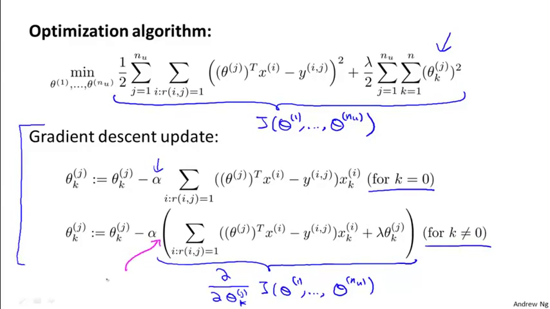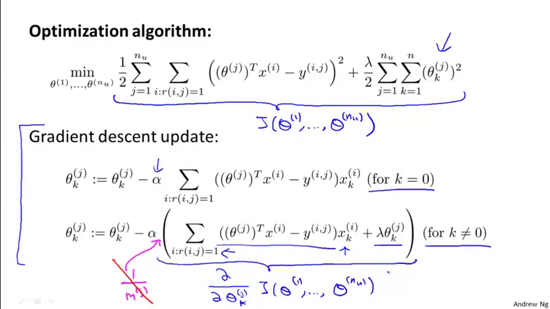The only minor difference is that for linear regression, we had these 1 over m terms. It would have been 1 over mj, but because earlier, when deriving the optimization objective, we got rid of this, we don't have the 1 over m term. But otherwise, it's really the sum over my training examples of the error times xk, plus the term that the regularization contributes to the derivative.